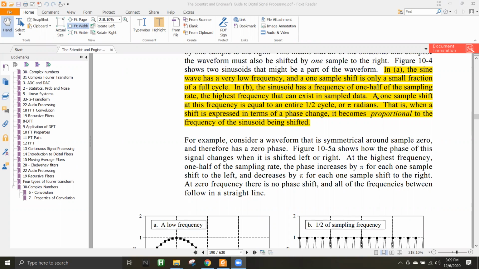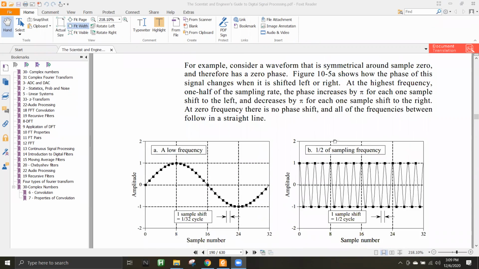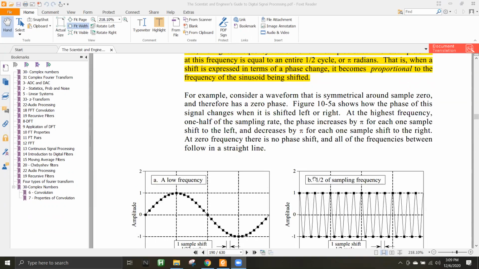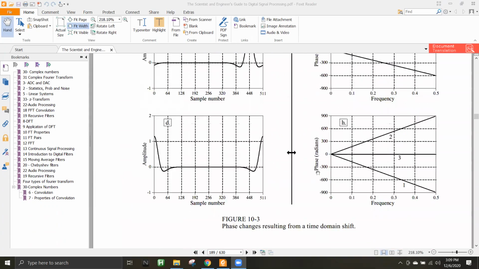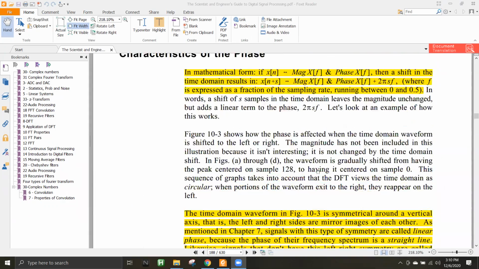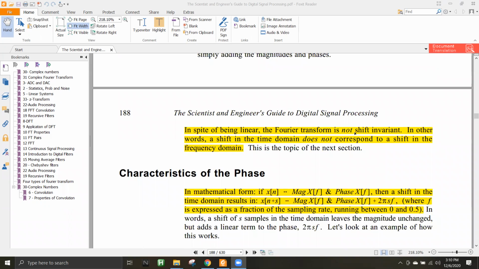For this signal, a one sample shift to the right would be equivalent to an entire half cycle, or a pi radian shift. So the basic idea is that the phase is not changed by the same amount for both cases. That is why, in the previous part on the characteristics of the phase, we said that the Fourier transform is linear, but it is not shift invariant.